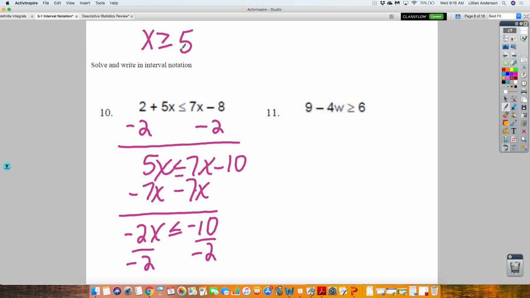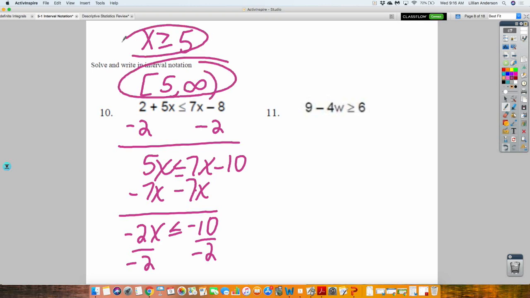Sonny, how do I write that in interval notation? Bracket 5, infinity, parenthesis. Very good. Writing it in interval notation would be bracket 5, comma, infinity, parenthesis. Good stuff. I want you to do number 2, aka number 11 here, on your own. Write the answer in interval notation.